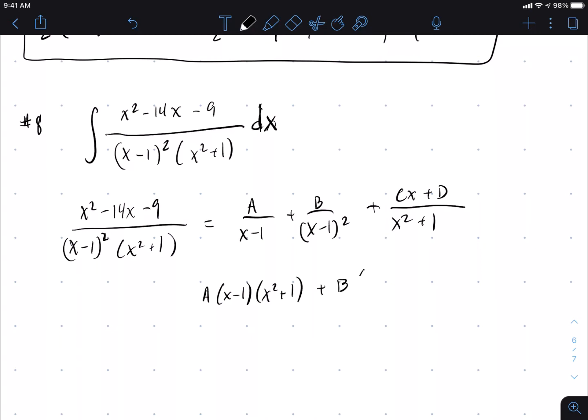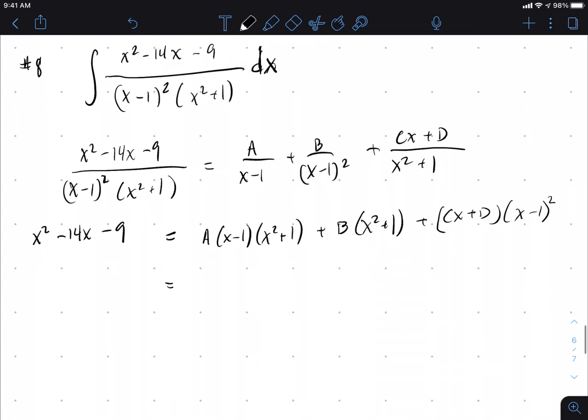The B is going to need the x squared plus 1, and the cx plus d is going to need x minus 1 squared. That will equal x squared minus 14x minus 9. Do we agree?